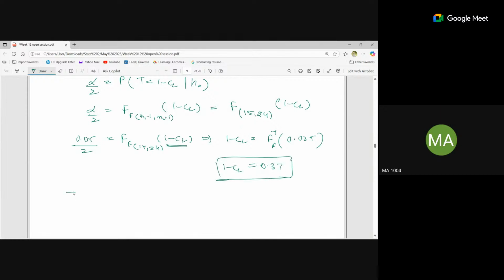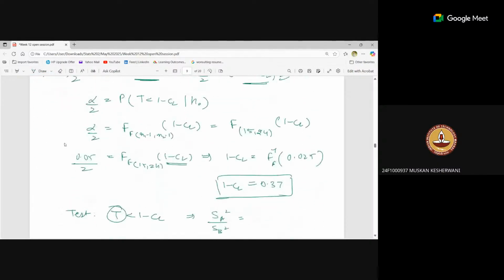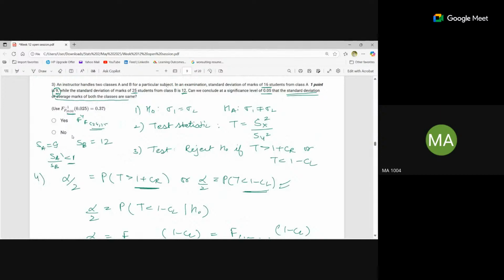Now what is my test? The test would be T less than 1 minus CL. What is my T? T was basically Sx square divided by Sy square. Can you calculate this value? 16 by 25.